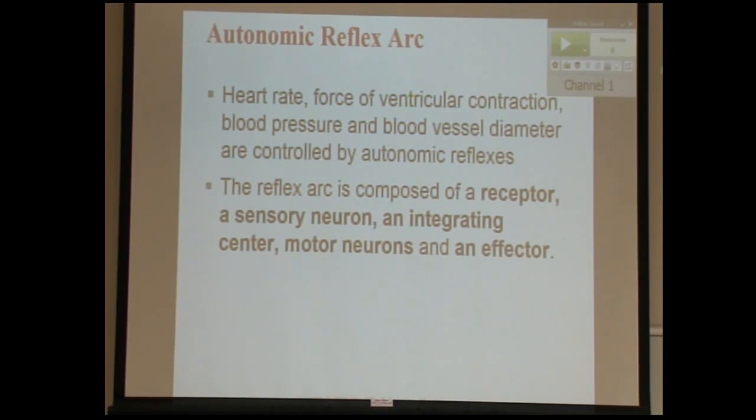So your heart rate, how hard it contracts, your blood pressure, all those things are under involuntary control and monitored and kept at a sort of constant rate. So an arc has a sensory neuron, an integrating center, and then motor neurons and an effector. And you'll see how all those work in a second.